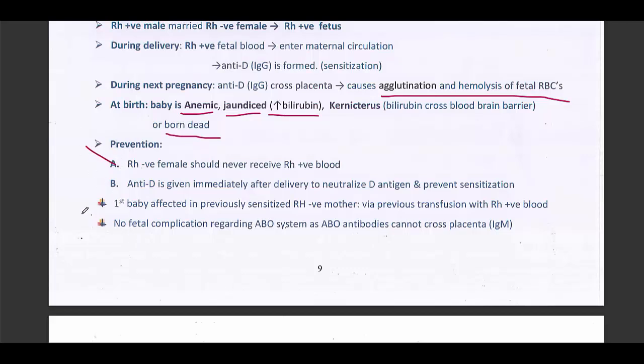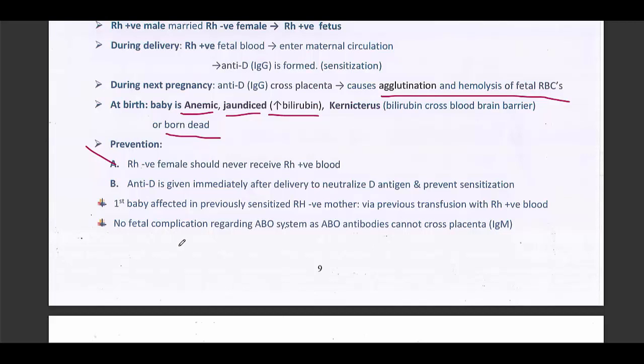Anti-D is given immediately after delivery to neutralize D antigen and prevent sensitization. The first baby is affected only in a previously sensitized Rh negative mother, okay, via previous transfusion with Rh positive blood. So the first baby will be normal. The second, third and next babies will be affected.